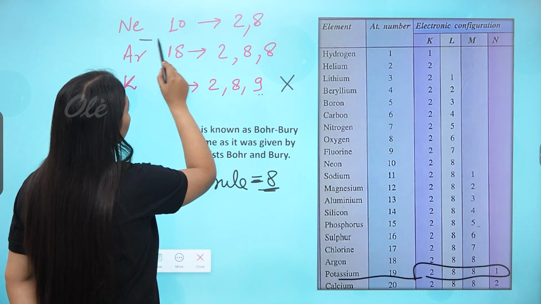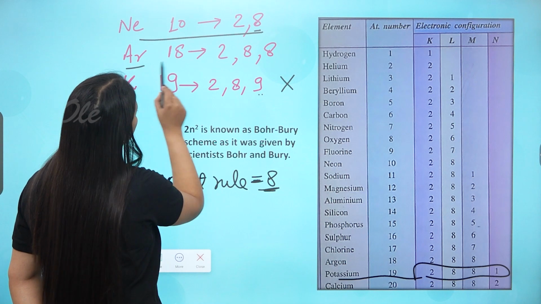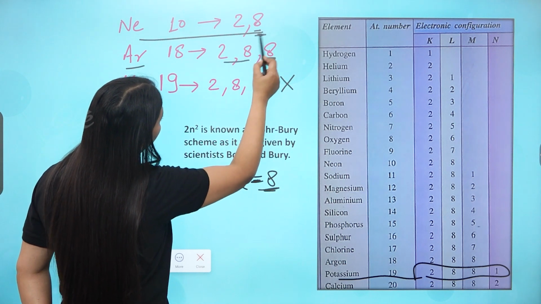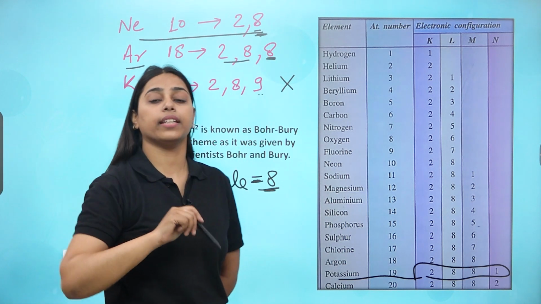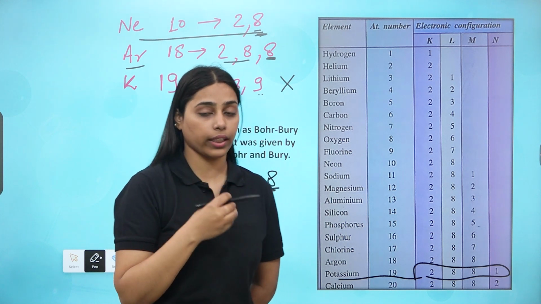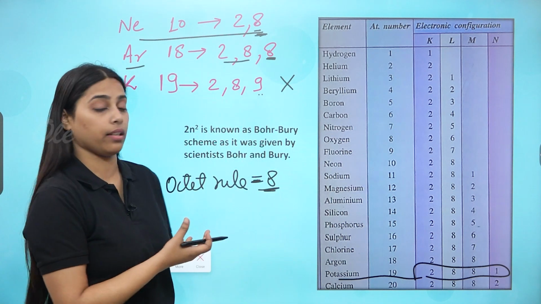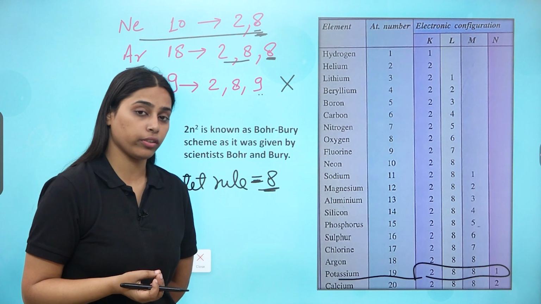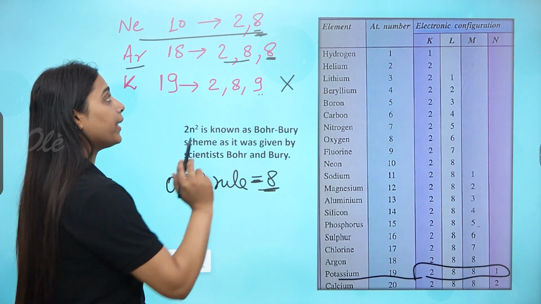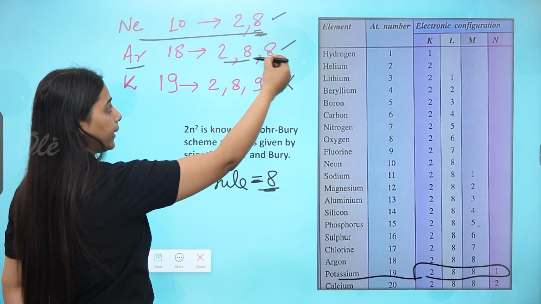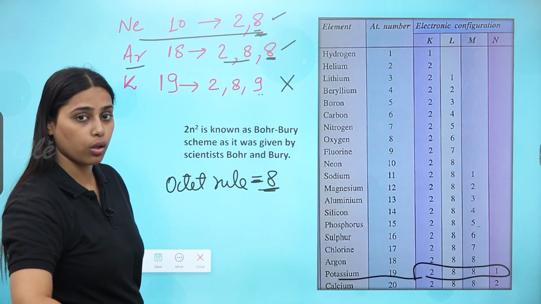Like for neon, you can write 2, 8. For argon, you can end it at 8. Because noble gases are what? They are inert gases, their octet is full, they are stable. Their configuration is already fulfilled. So these elements can end at 8 and it follows the rule also.